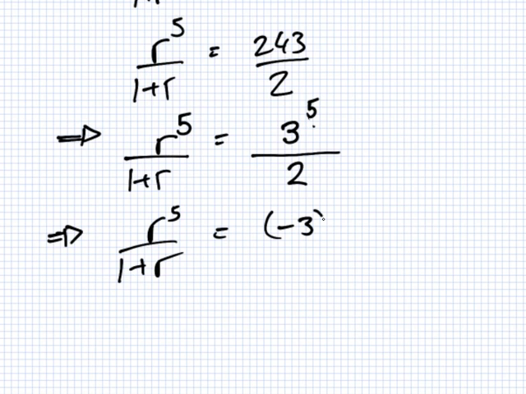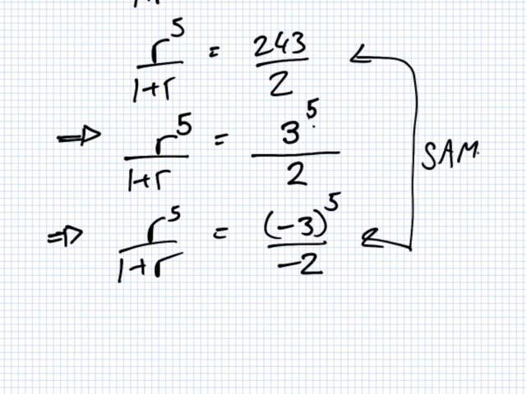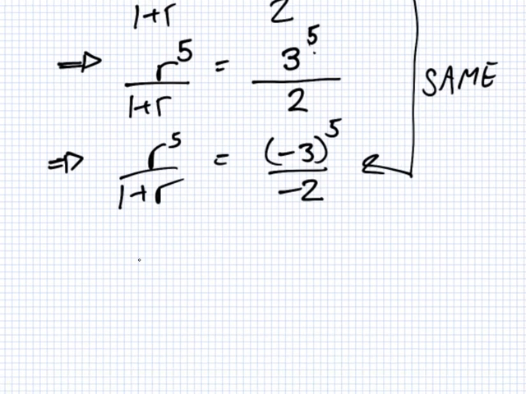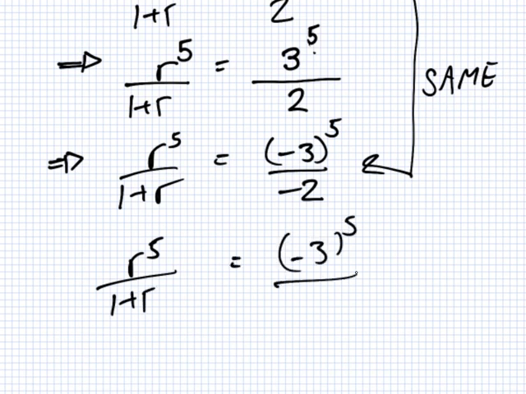What's minus 3 to the power 5? Minus 243. If I divide by minus 2, this is still the same. There's no change. So now I have r^5 over 1 plus r equals (minus 3)^5 over minus 2, and I could change minus 2 into 1 plus minus 3.